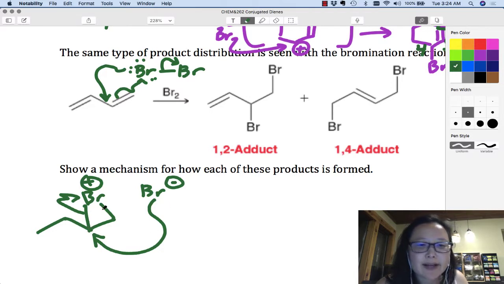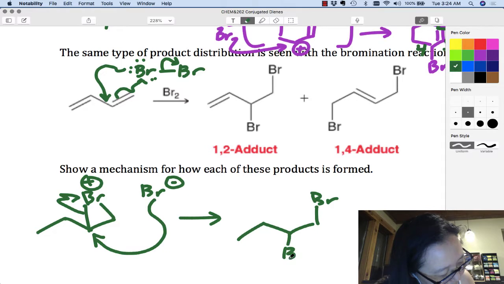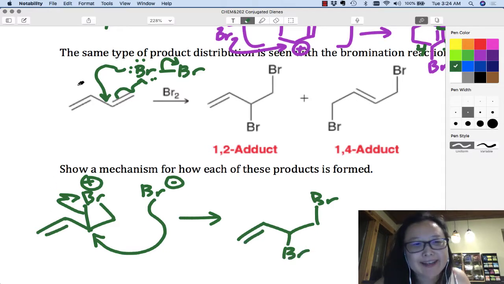So it's going to have a lower activation energy than attacking here, because this is more stabilized as a partial positive charge, because it's greater substituted. So this is going to give me this pattern here. And let's not forget, this alkene here did not react, so it's still there.